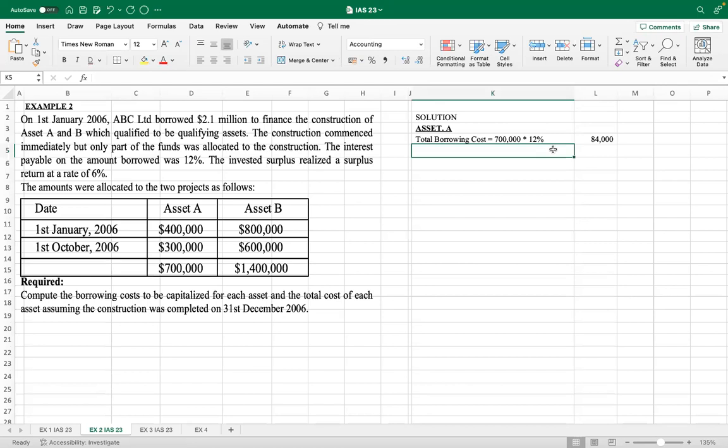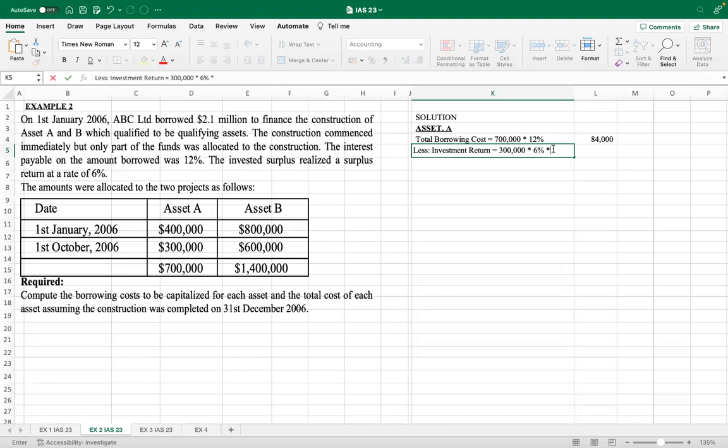If you remember the last note in the slides, the return from the investment reduces the amount of borrowing cost to be capitalized. So you less investment return, at a rate of 6%.